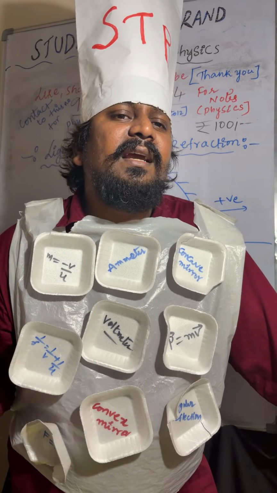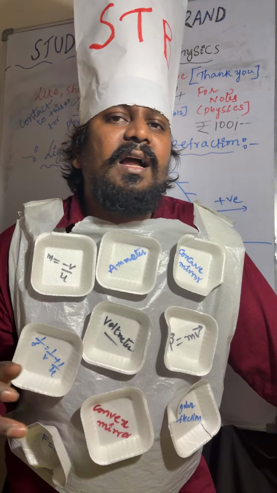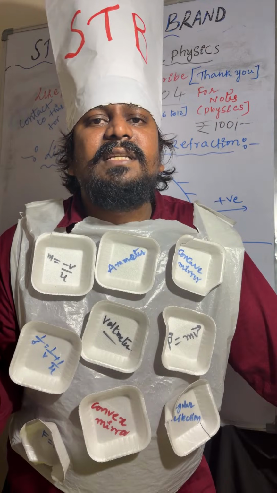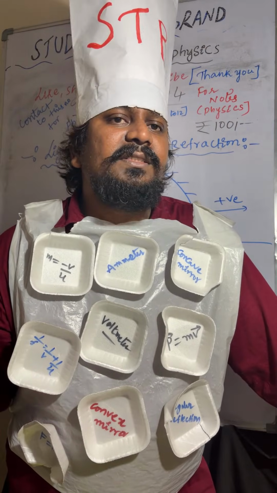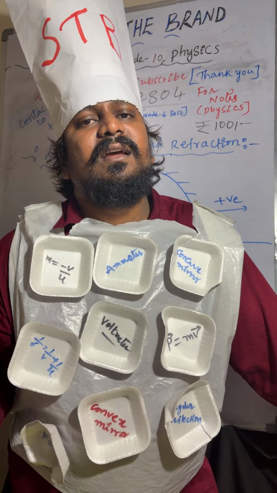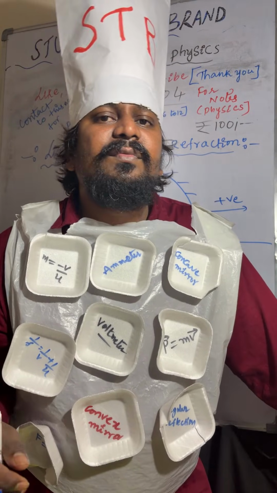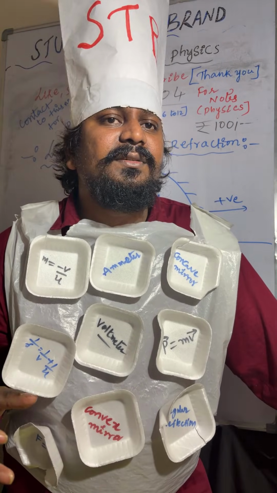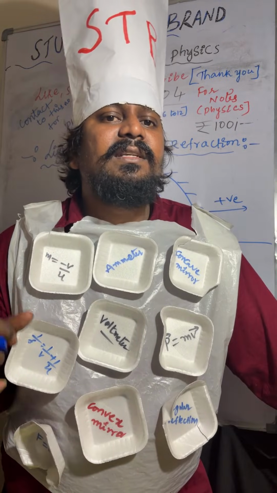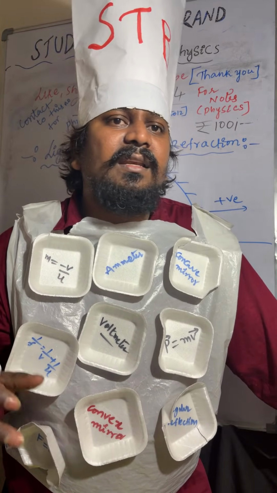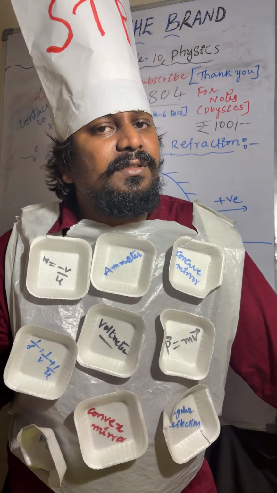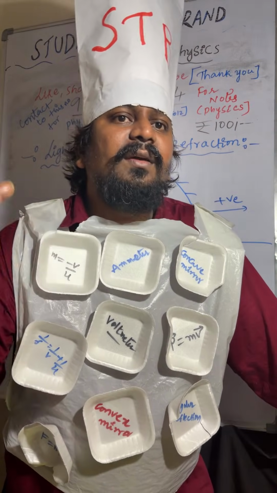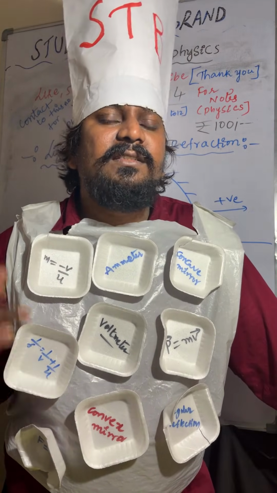New Cartesian sign convention, all distances measured from the pole. Distances are positive along the incident rays. Distances are negative opposite to incident rays. Distances are positive above the principal axis.